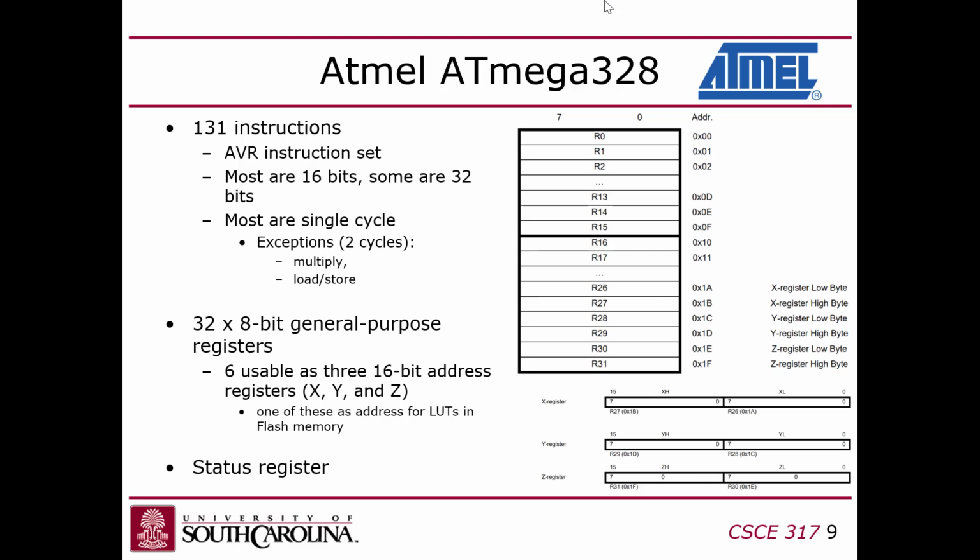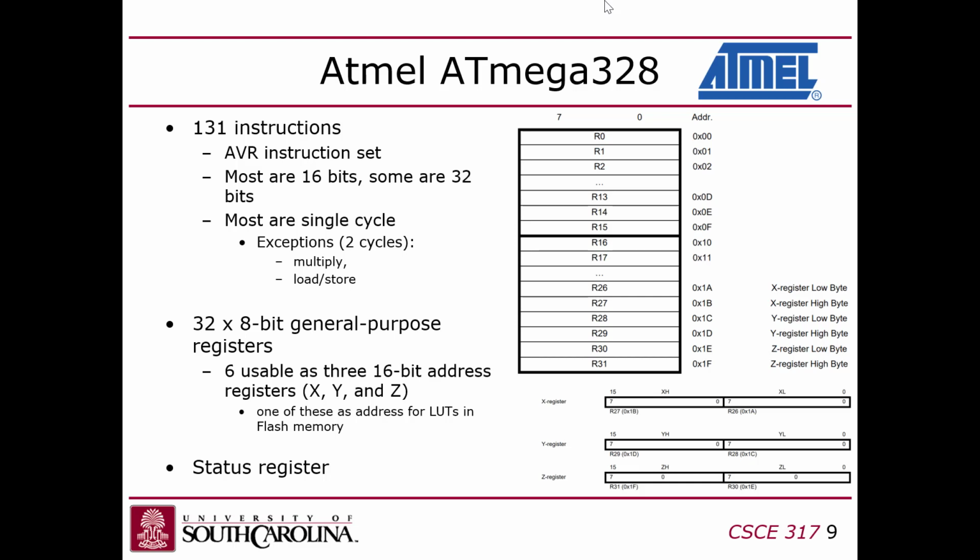So this is a totally new instruction set architecture for most of you, and even for me, to be honest. I'm just getting into this now myself. So this is an 8-bit architecture. What does that mean? It means that the data path in the chip is 8 bits wide, which means that the ALU accepts 8-bit inputs, which means that you can do any 8-bit arithmetic operation in one clock cycle.